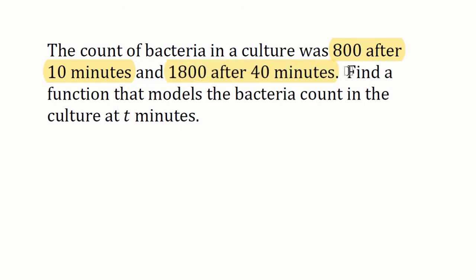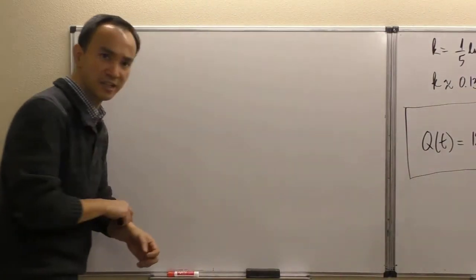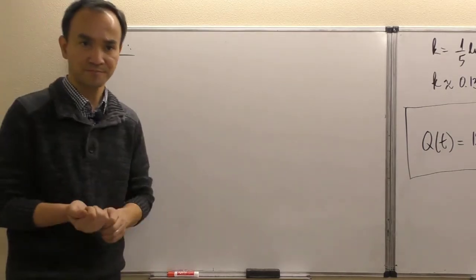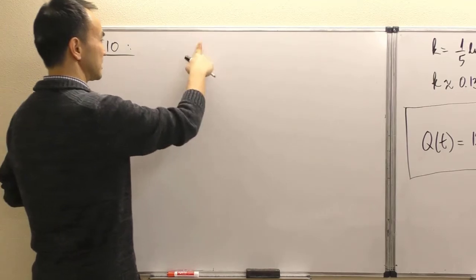And then we are asked to find a function that models the bacteria count, or the quantity, at t minutes later. So the default time period here is in minutes. But really, that is all we have. We don't even know the initial amount at this point. So here's how I'm seeing it.